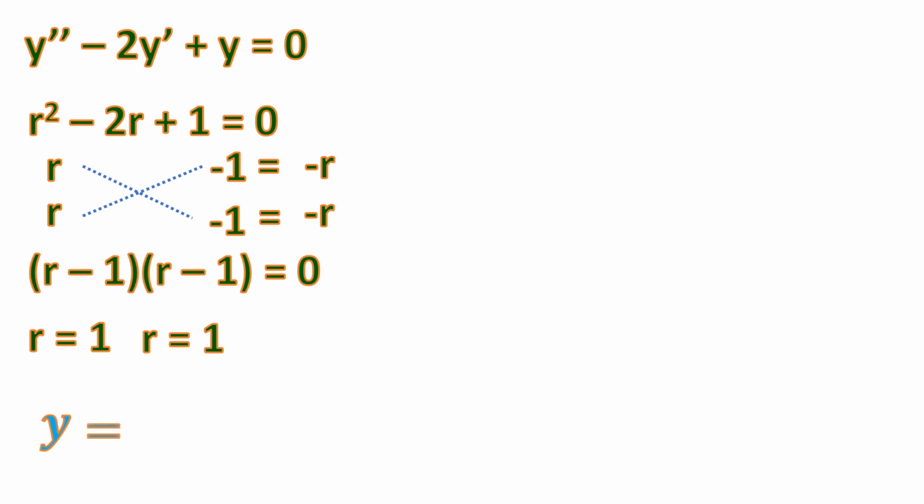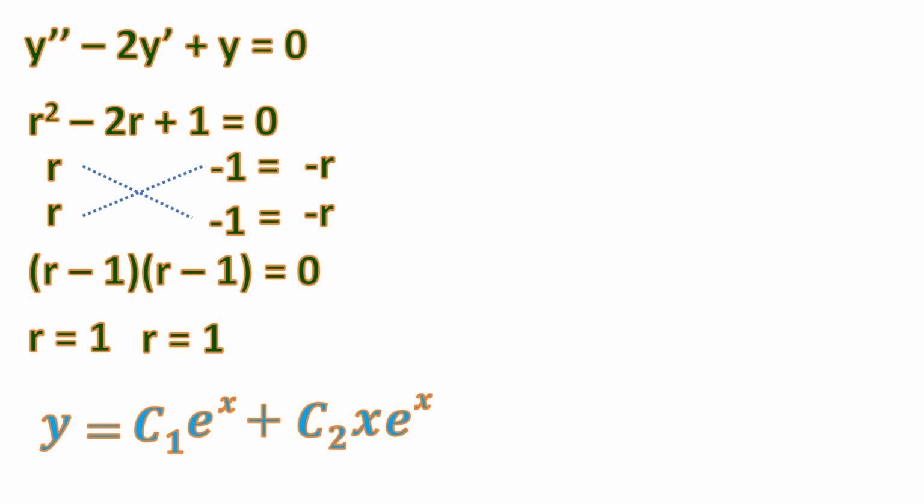Y equals, so it's the same format, c sub 1 e raised to the root, which is 1x, or you may not write 1 anymore, plus c sub 2, and it's still e raised to the x, but then we put x because it is repeated, and then e raised to the 1x, or x, because the root is also 1.